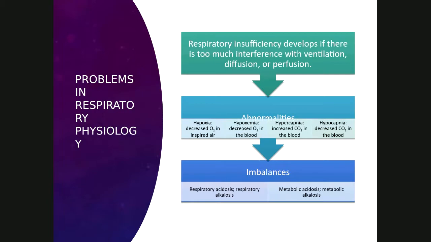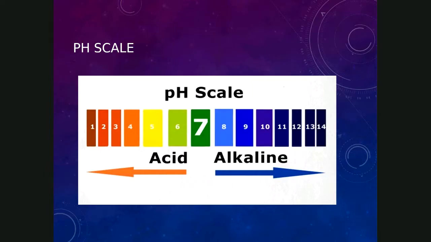Okay, and so these imbalances lead to respiratory acidosis, respiratory alkalosis, metabolic acidosis, and metabolic alkalosis. So we're starting to come into the ABGs, which is a big deal.